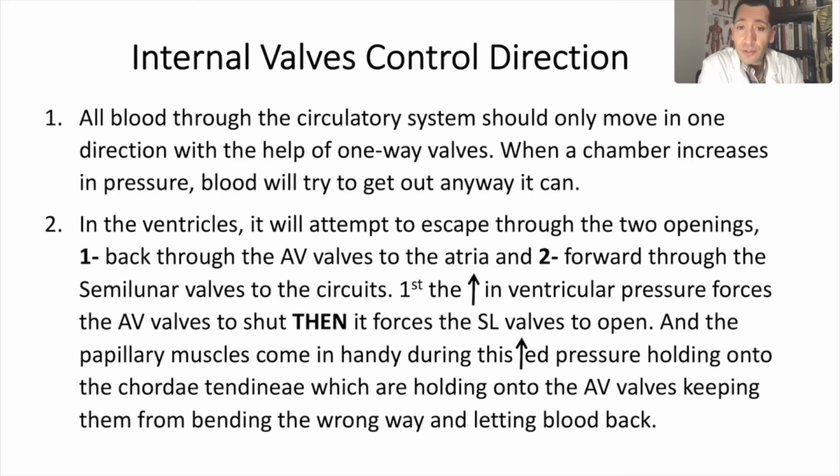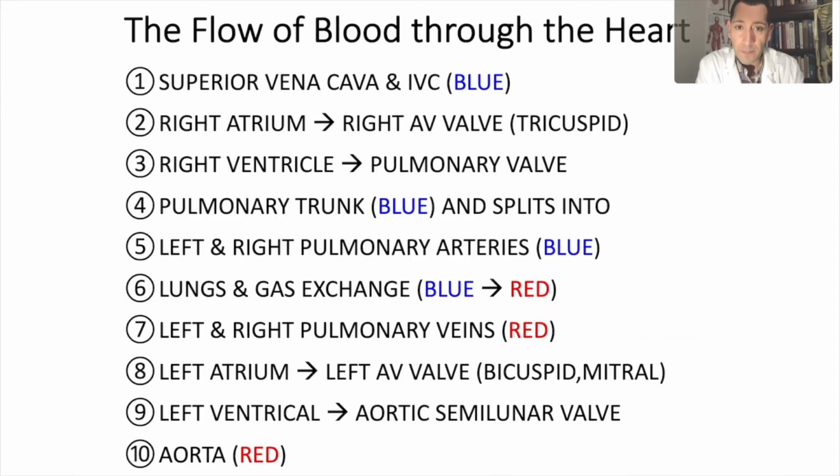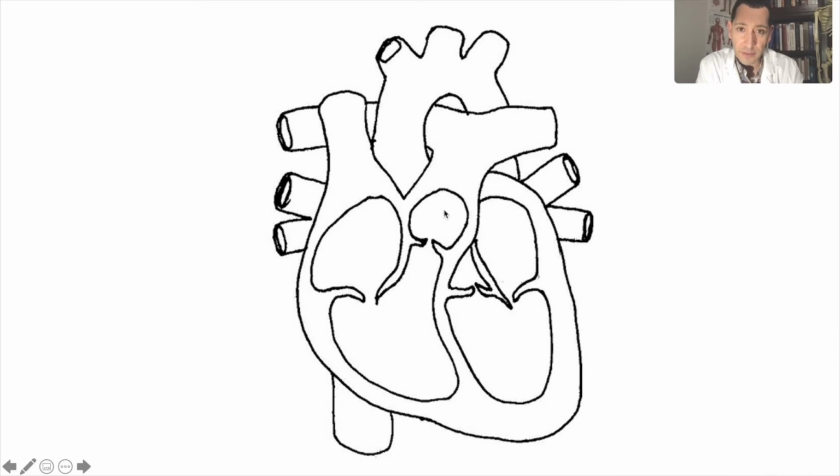In the ventricles, it'll attempt to escape through one of two openings. One, back through the AV valves where it came from, or two, forward through the semilunar valves to the circuits. Do you see what we're saying? Blood enters through the atria and then comes in through the ventricles here.